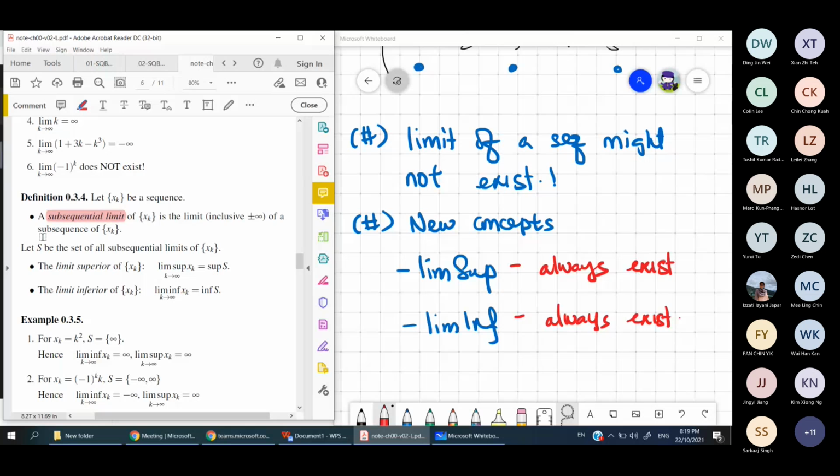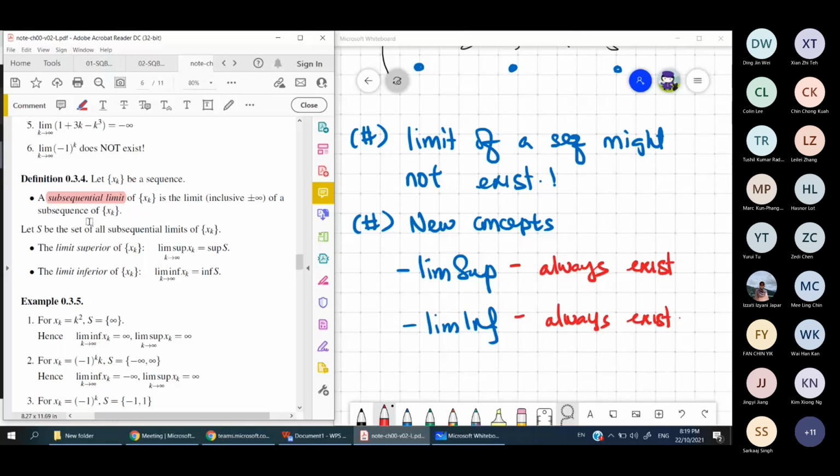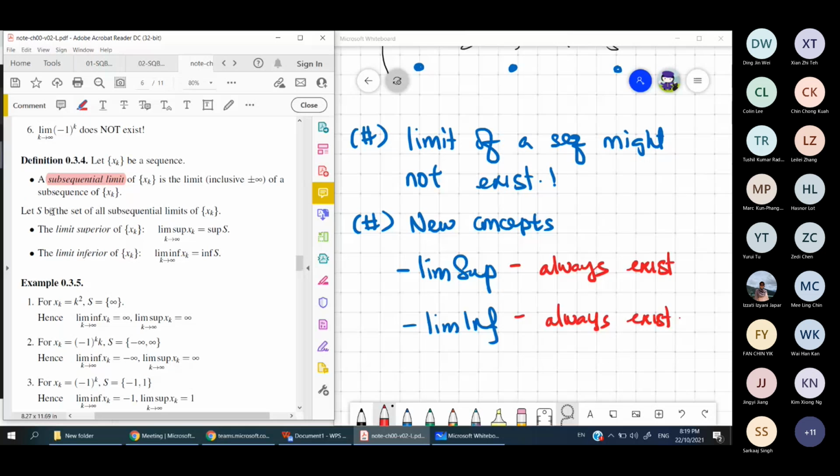A subsequential limit of a sequence is the limit of a subsequence of it. So you identify all the possible limits; S is the set of all possible limits. Next you look at all these limits and find the supremum and infimum. The supremum of S is the limit supremum of x_k, and the infimum of S will be the limit infimum of x_k.